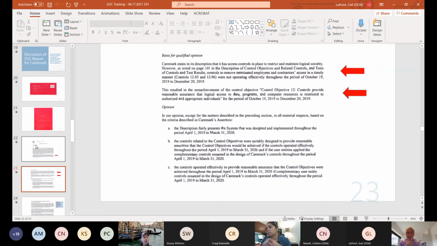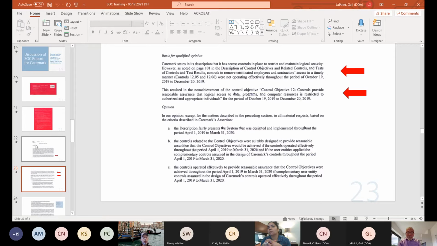And if it is qualified, you will see this wording in their basis for qualified opinion. And in the opinion paragraph, where it starts, in our opinion, if you see the words except for the matters described, that's a flag that there's something that was not considered great.